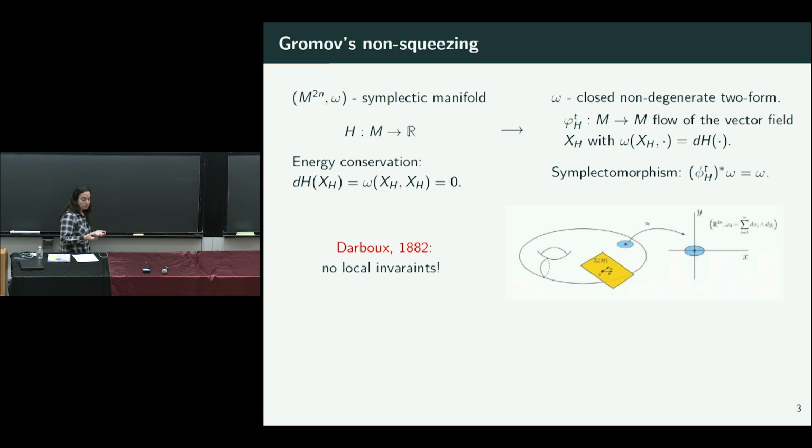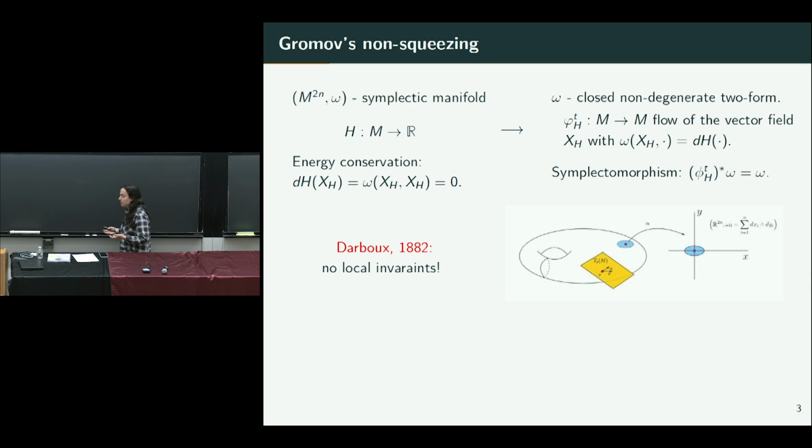This means that we can choose charts on the symplectic manifold which take it to the standard R^2n case, the classical phase space. So we cannot hope to find invariants in a local way.